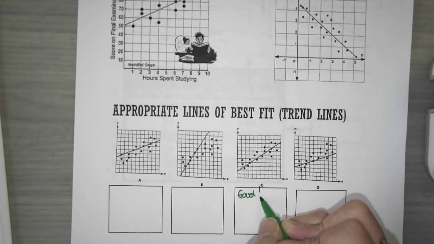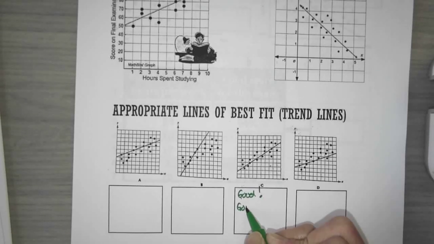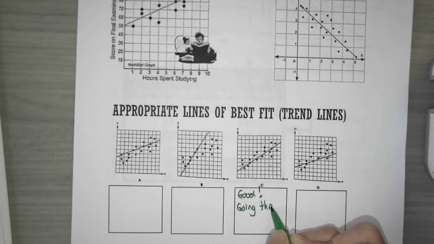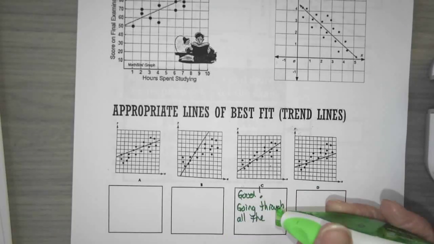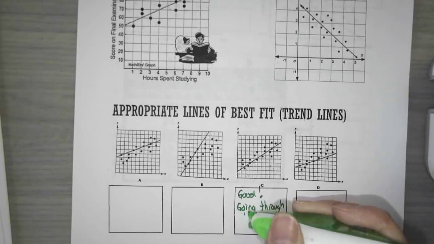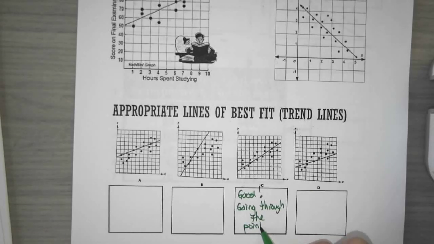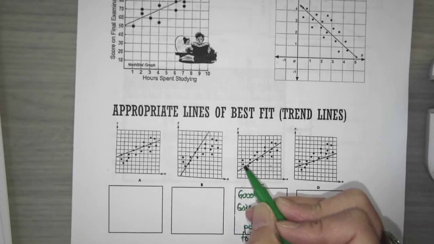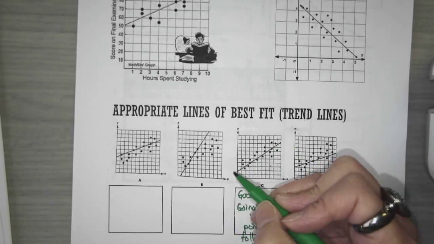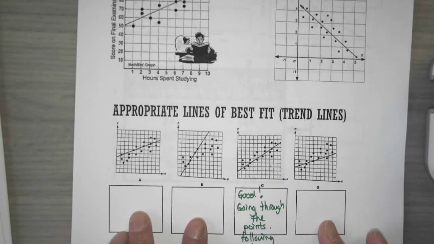So this one is good. This one's good. It's going through the points, the group of points. It's following the pattern, right? If I'm scattering these rocks here, that's the pathway, so walk through the pathway.